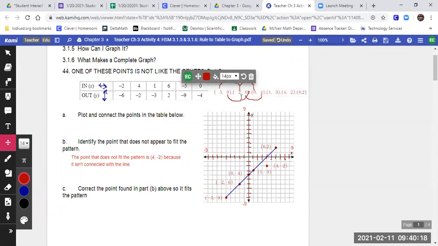So if I'm going from a -5 to a -2, what math happened?